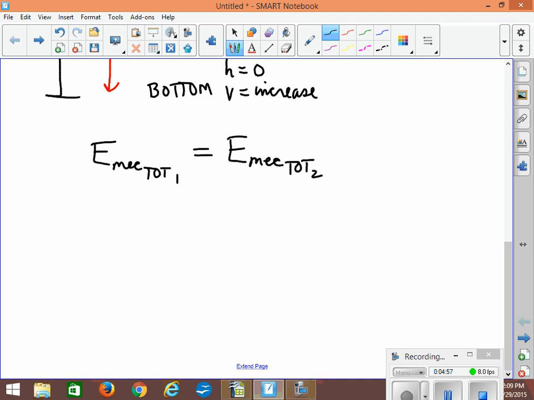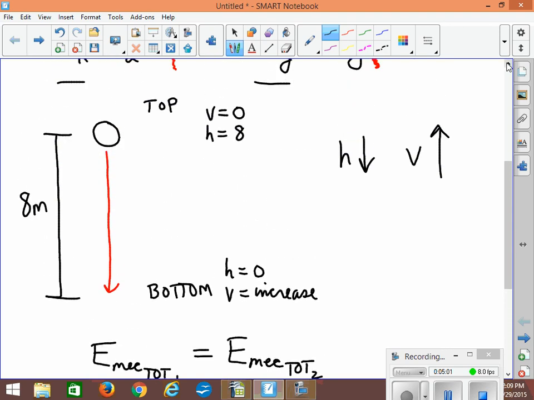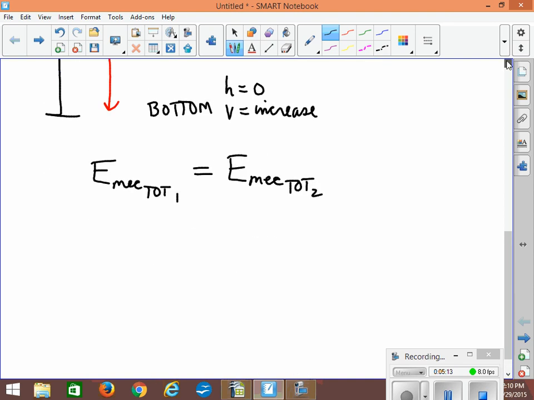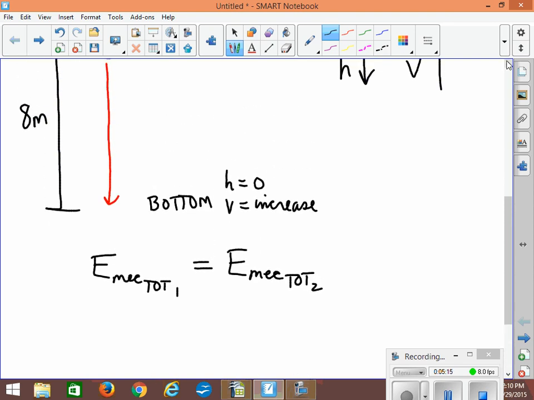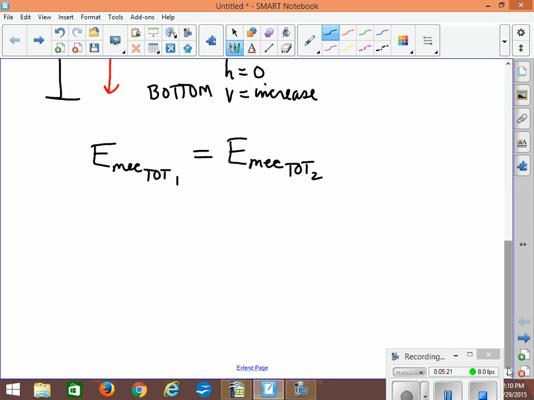And we can choose where our 1 and 2 will be. We're going to look first at the top and the bottom. Those are obvious places to start because we have nice zeros there that make things easy. But this statement is true anywhere. You could compare a position 3 meters high and a position 6 meters high, and this statement would still be true. But let's go ahead with the top and the bottom.